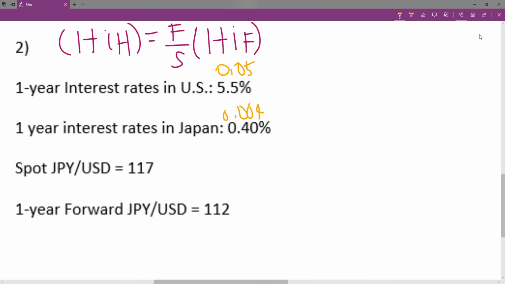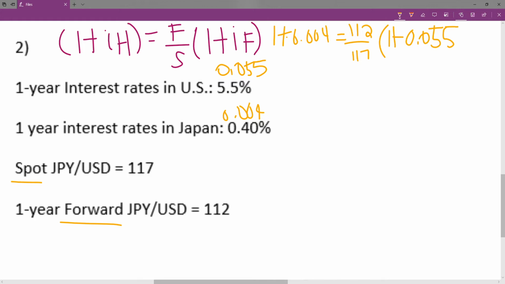So now that we have converted our interest rates, we're going to move along with our problem. So what we're going to do is 1 plus 0.004 equals forward over spot. So 112 over 117, parentheses, then take the US rate of return in decimal form.